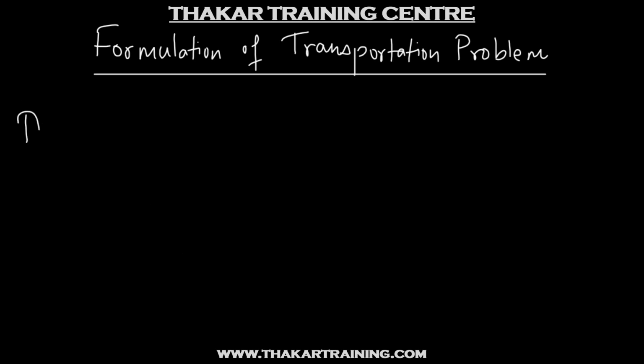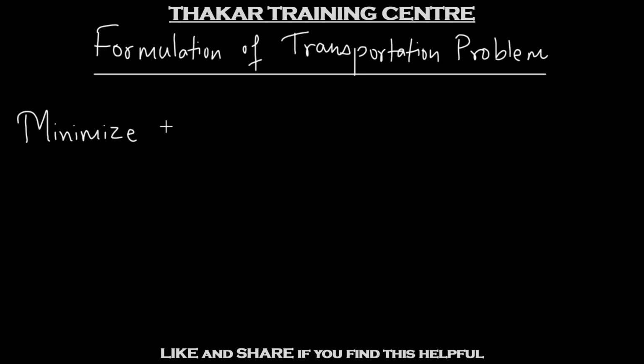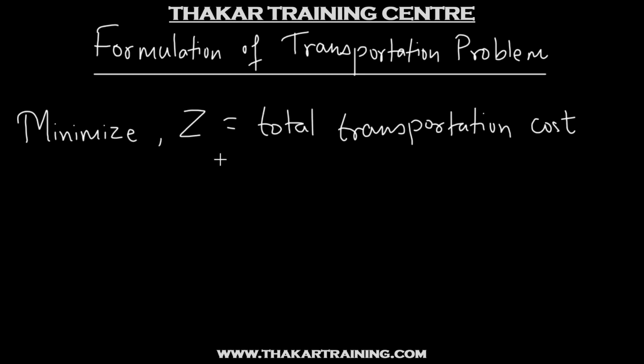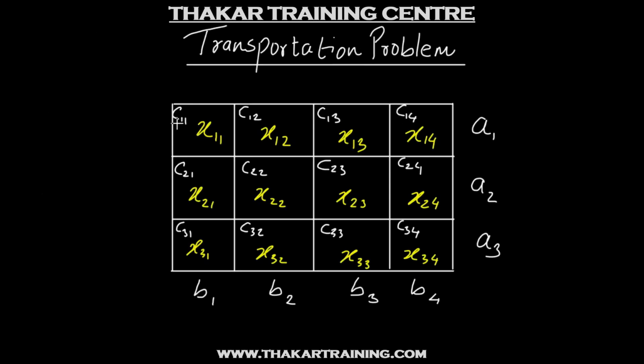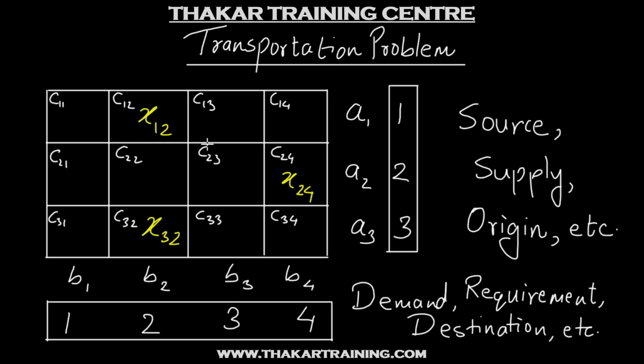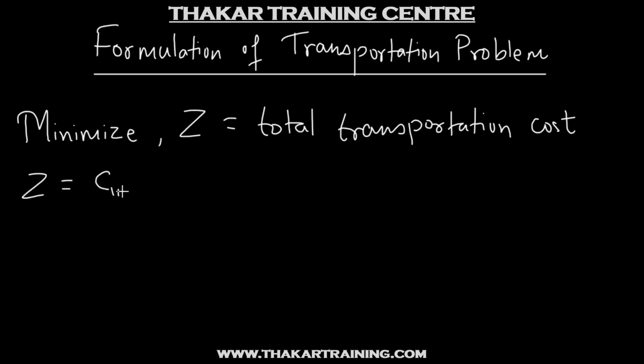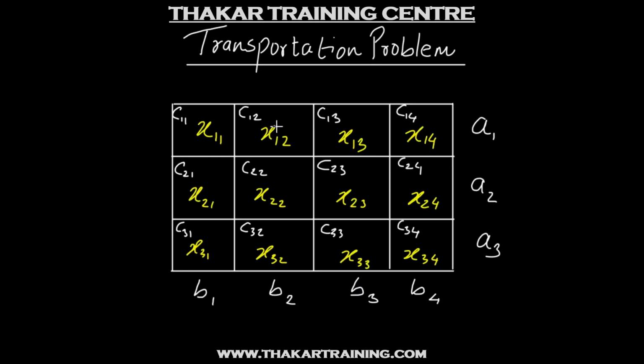And so the aim is to minimize Z, which is the total transportation cost, which will be given by, so it will be the cost of transporting x11 quantities from source 1 to destination 1 will be C11 into x11. So we have C11 x11. Similarly, the cost of transporting x12 quantity from source 1 to destination 2 will be C12 x12.